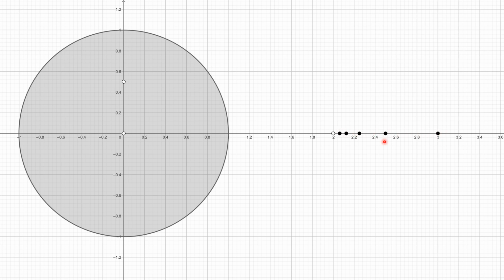I couldn't draw them all, obviously, because there's an infinite number, but it goes 3, 2.5, 2.25, keeps getting closer to 2, and then 2 is not in the set, but it's the limit. So 2 is a limit point of the whole set here. It's also adherent, and it's also on the boundary. And then the other points, all these black points here, the infinite number of those, they're all isolated.